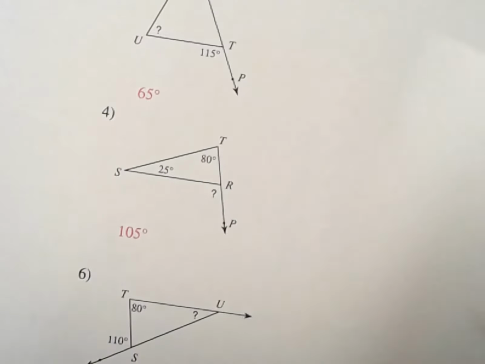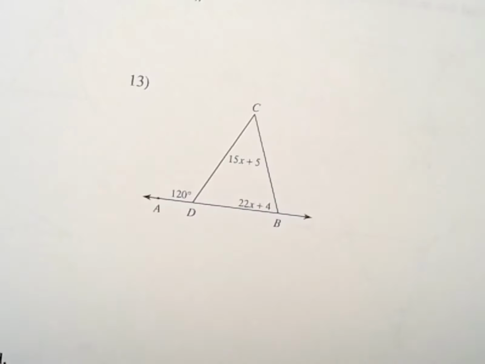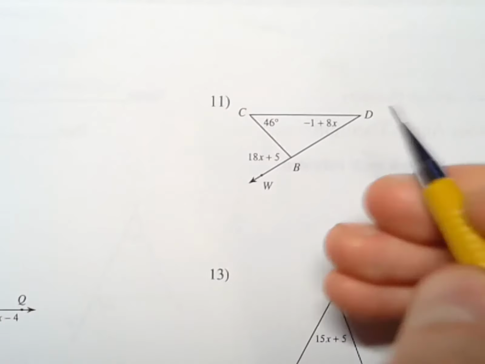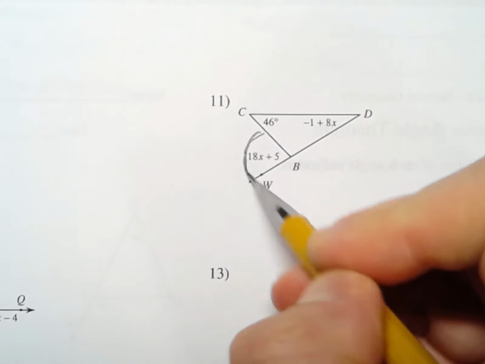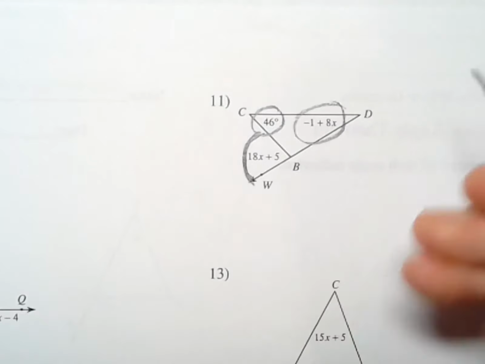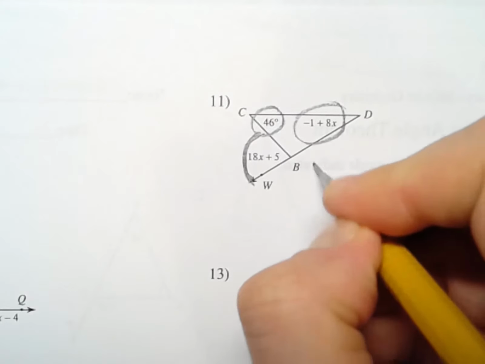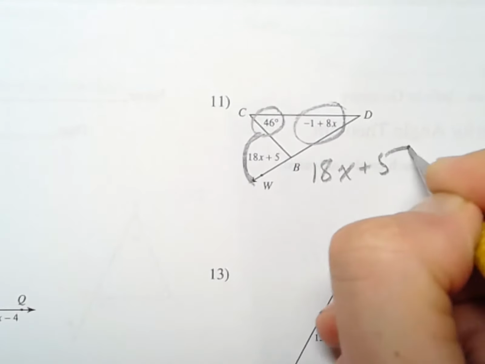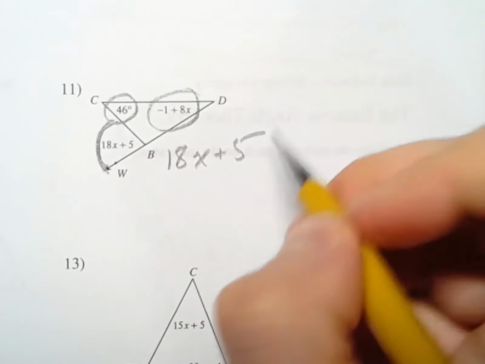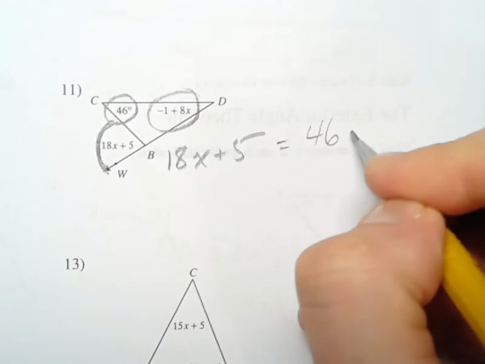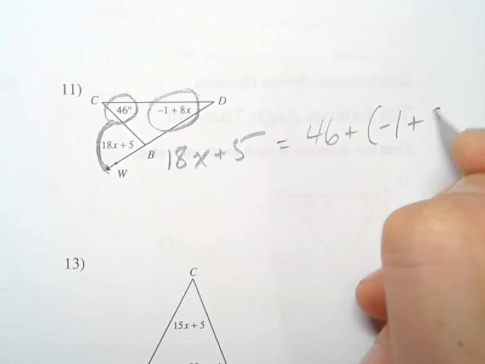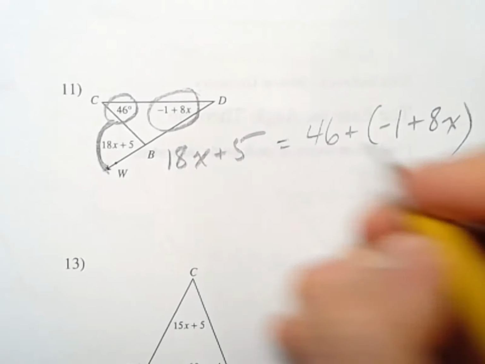Let's do some with some expressions. Does it change anything? The exterior angle has to equal the sum of the two remote interior angles. So we have 18x plus 5 equals 46 plus negative 1 plus 8x.